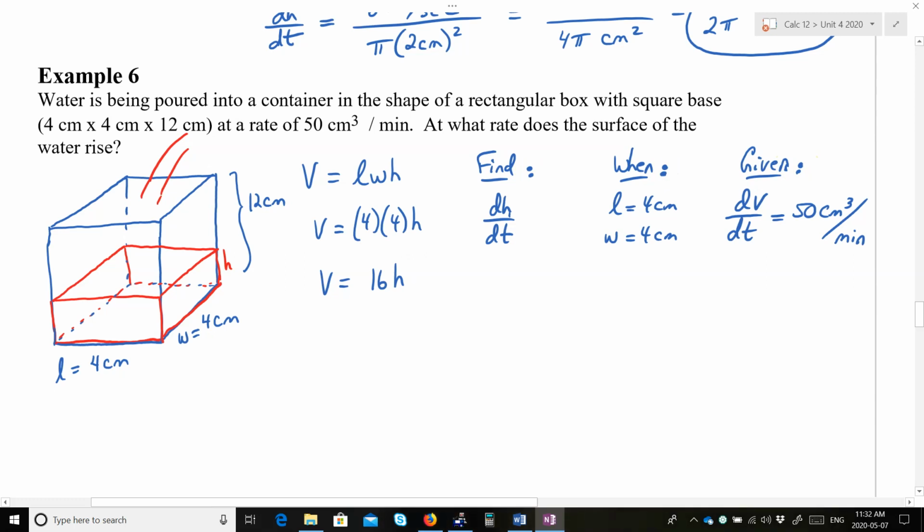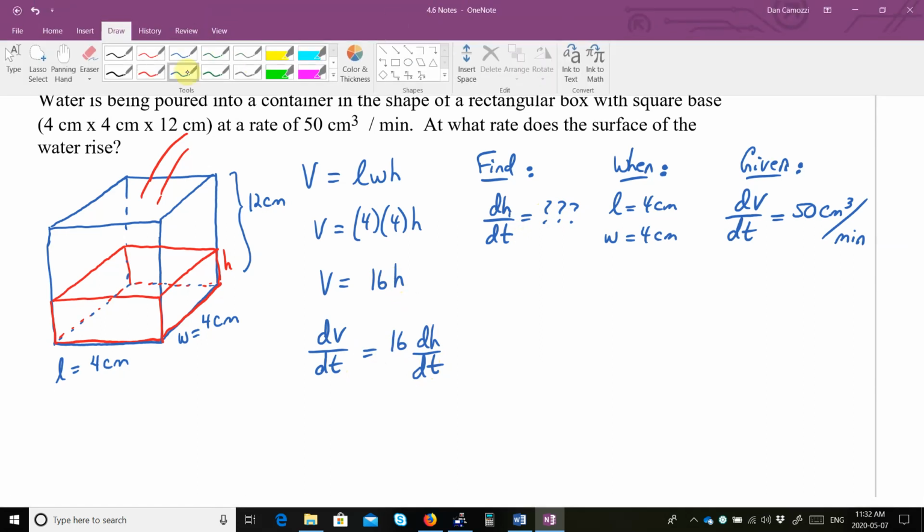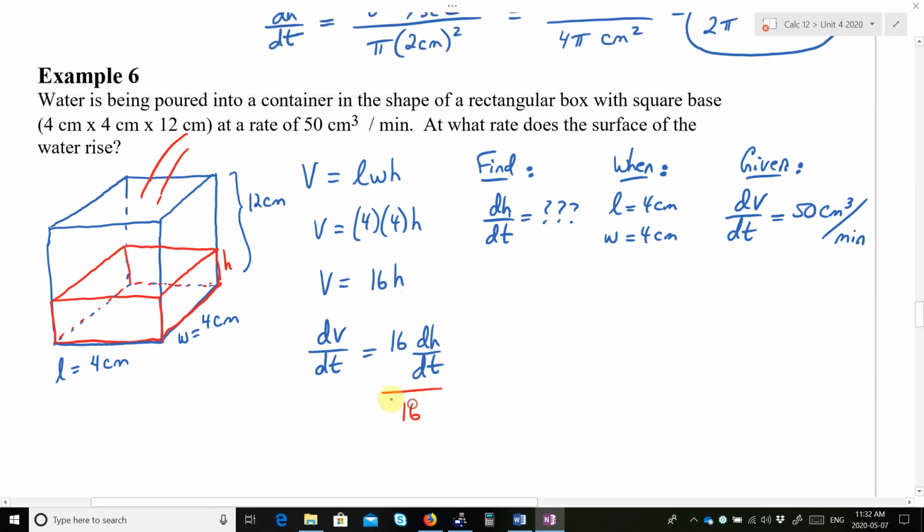So we've now set up our formula relating volume and height, and then differentiate both sides with respect to time. So we get dV/dt equals, the derivative of 16h is 16, and since h is a function of time, we get dh/dt. And then we just need to get dh/dt by itself. Divide by 16.